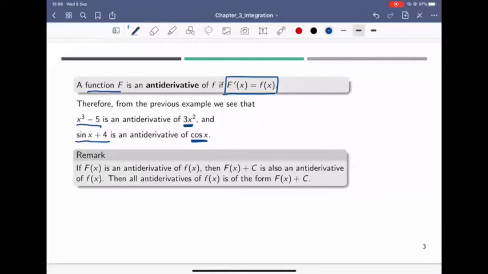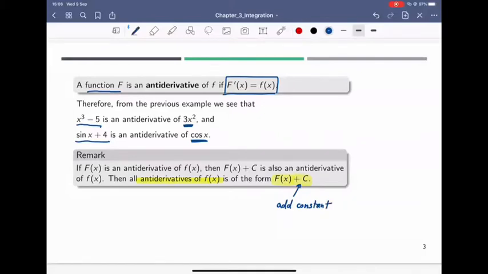With that concept, we're going to say that when you find the antiderivative of a function f, your answer is going to be in the form capital F plus c. You have to add a constant into your answer all the time, because you know that if you differentiate a constant, you get 0.